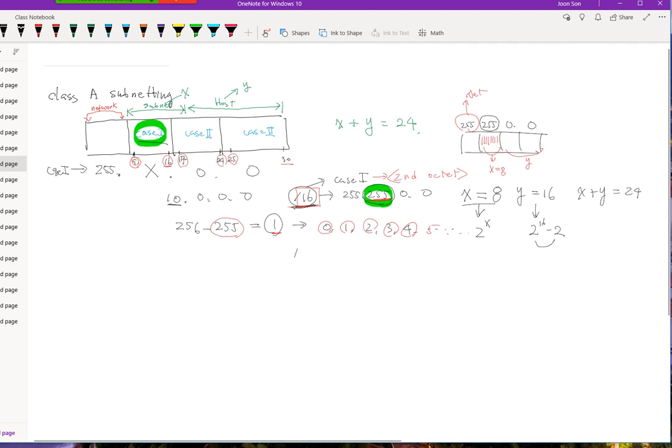This is a huge number, so each subnet can have many devices, and that's why it's called class A. But anyway, this is done.